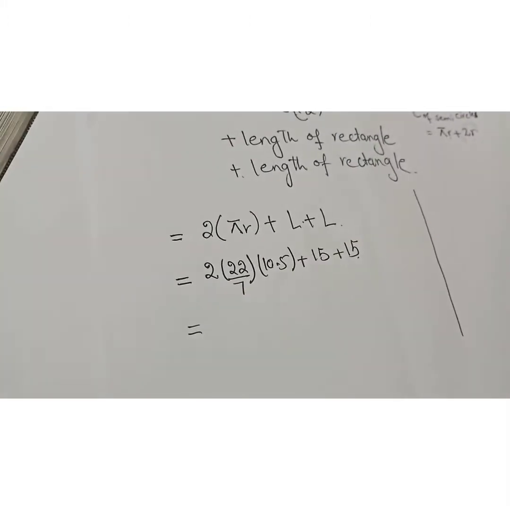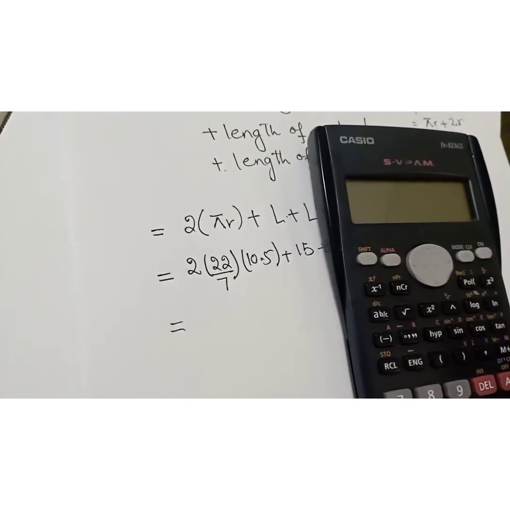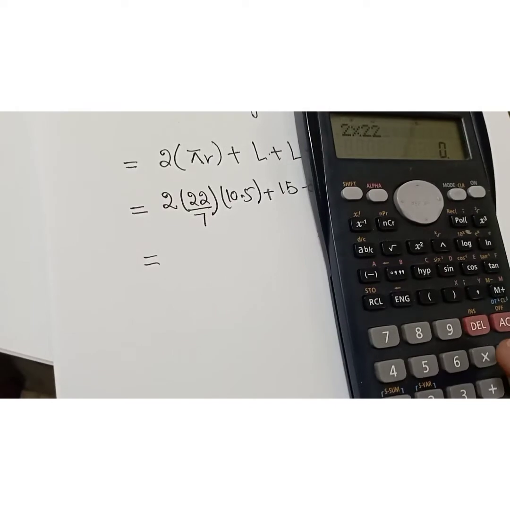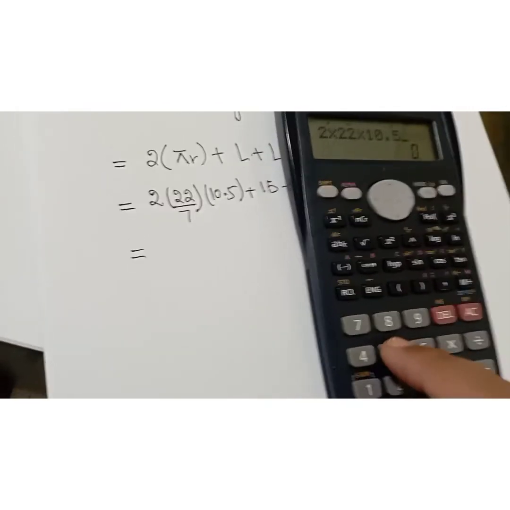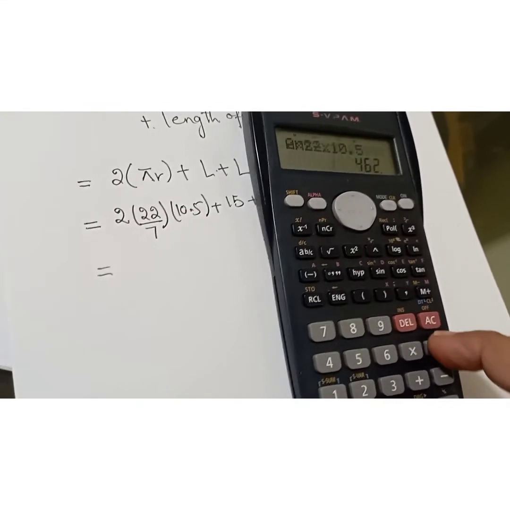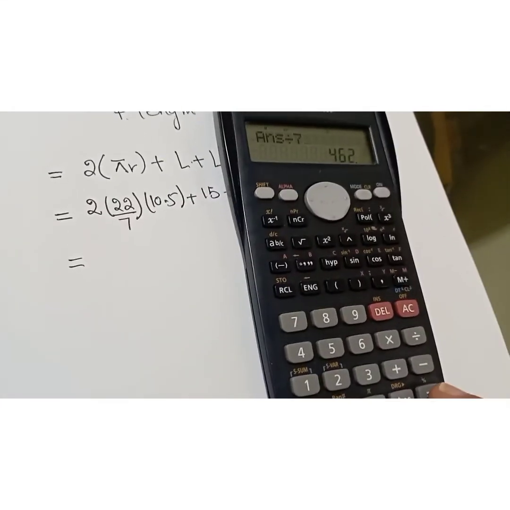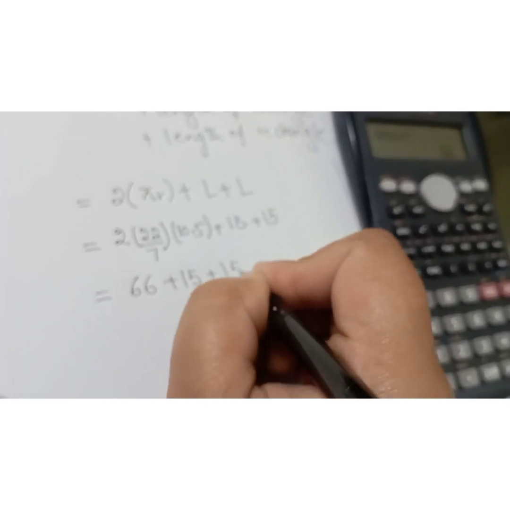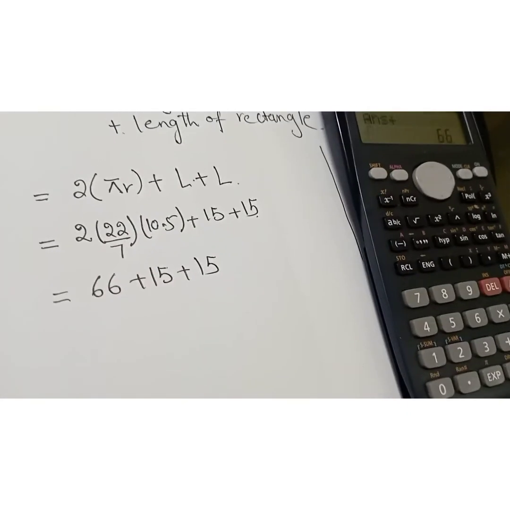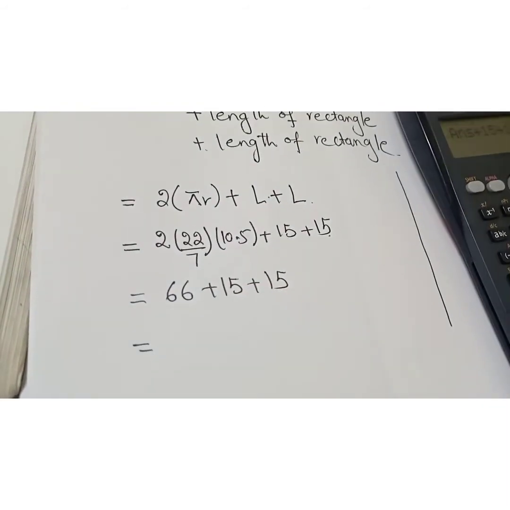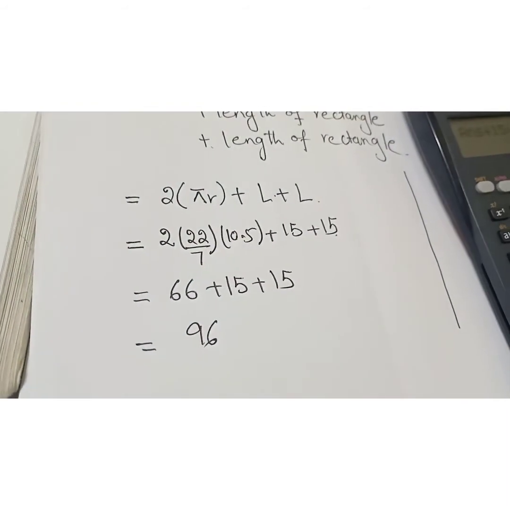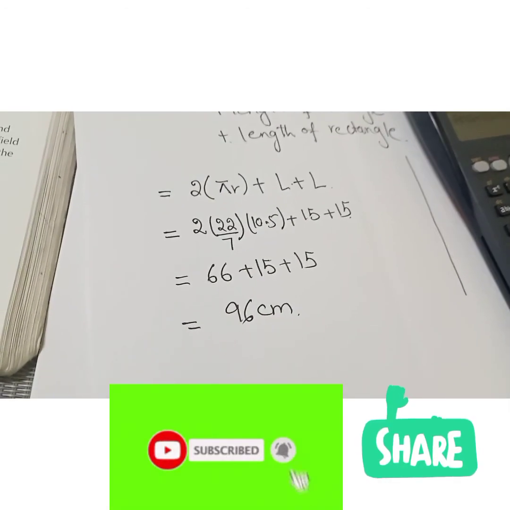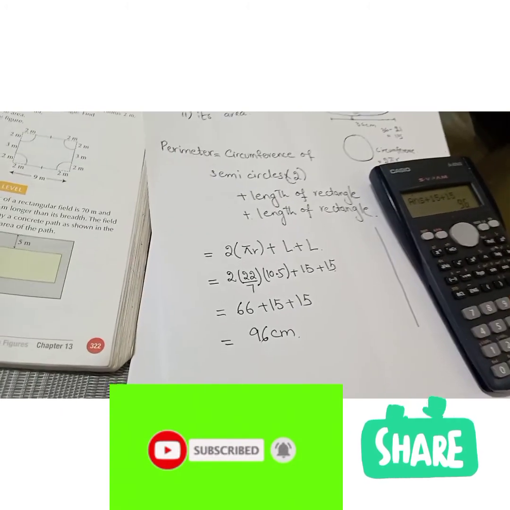Now let's multiply all these values and see the result. 2 times 22 times 10.5 divided by 7, and we get 66 plus 15 plus 15. When we add 66 plus 15 plus 15, we get 96. This 96 centimeters is the total perimeter of this complete shape. I hope you have understood how to calculate the perimeter of this shape.